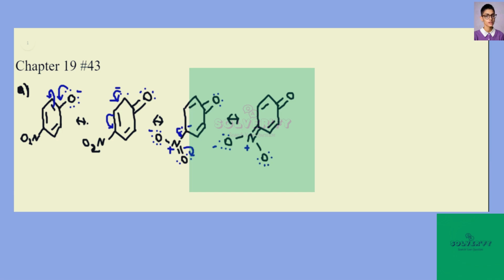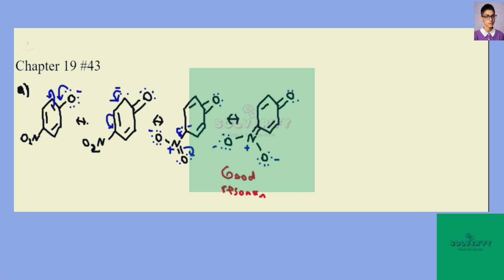But that's good. It's certainly better than the lone pair and the negative charge being seated on a carbon in the ring. This is much more stable. Remember, charges should be seated on electronegative atoms whenever possible. So this is a much better resonance structure, we could call it a good resonance structure.